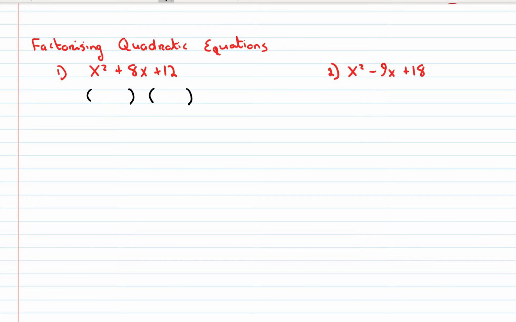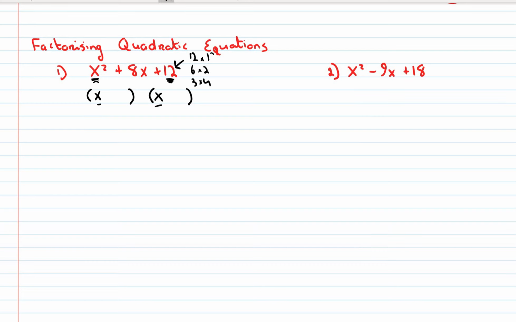I will draw two brackets. I will look at my last number, the one without an unknown, and I will look at numbers that multiply to give us that number. So 12 multiplied by 1 gives me 12, 6 multiplied by 2, and 3 multiplied by 4. I'll also put in my two x's because it's an x squared, so x by x is x squared.